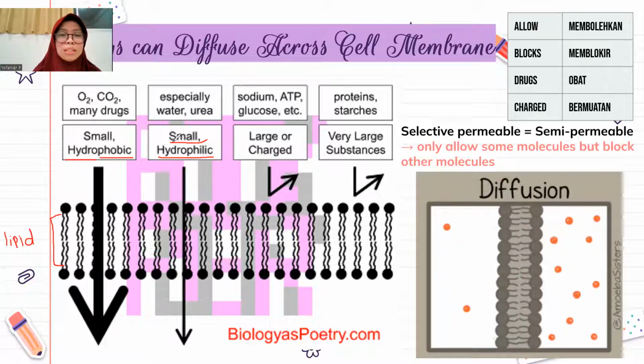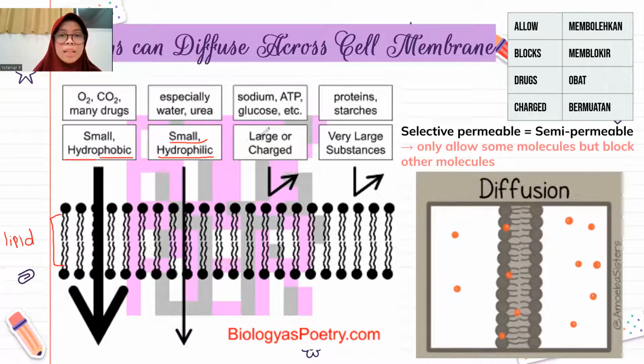Even though these molecules are a friend of water, because the size is small, they can still pass through the cell membrane. But pay attention that the arrow here is much smaller than this one, right? It means they can still pass the cell membrane, but the rate of diffusion is much slower than the first one.